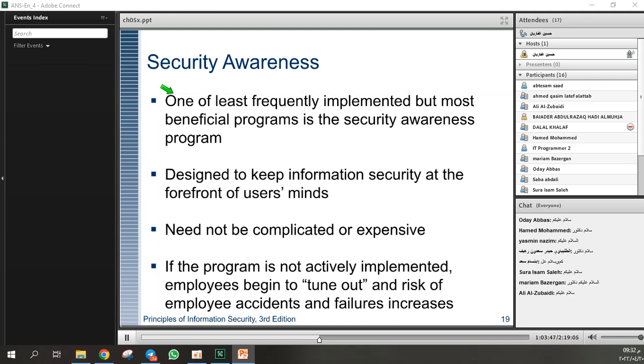It means that I can use different tools to keep the people who are working inside my organization informed about security risks. It's not something complicated or expensive.